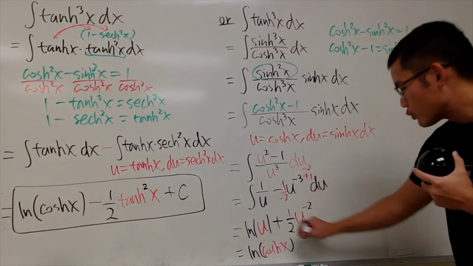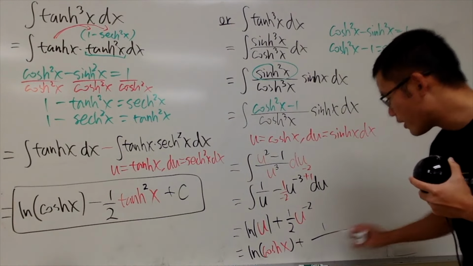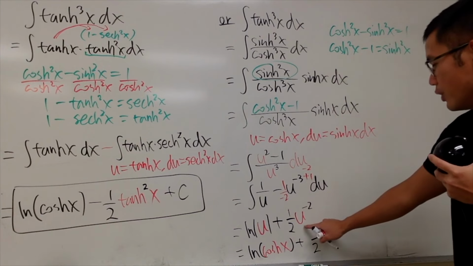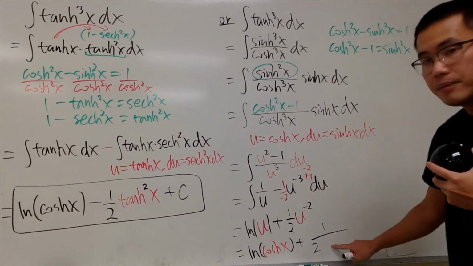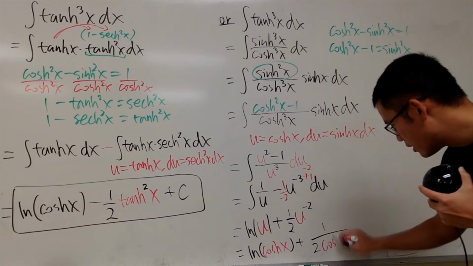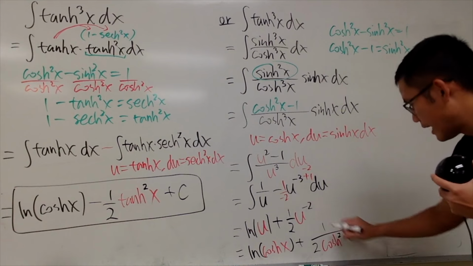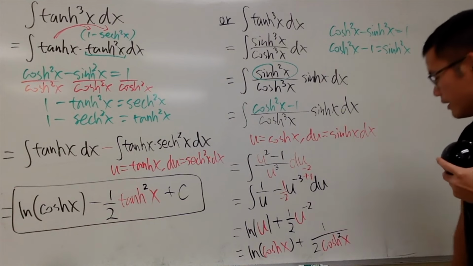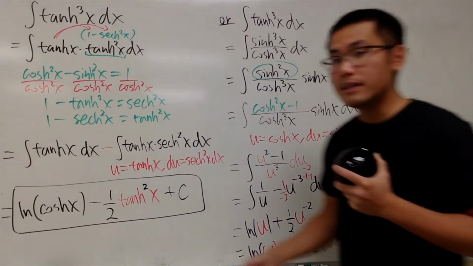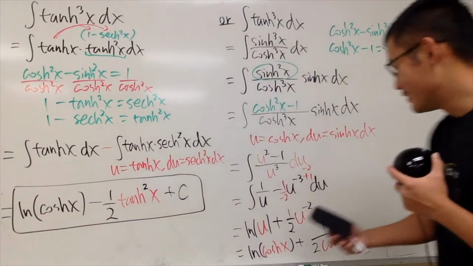And then I will write down plus 1 over 2, and you see that we have u squared on the bottom, and u is cosh, so I can just put down cosh squared like this, and then the x.